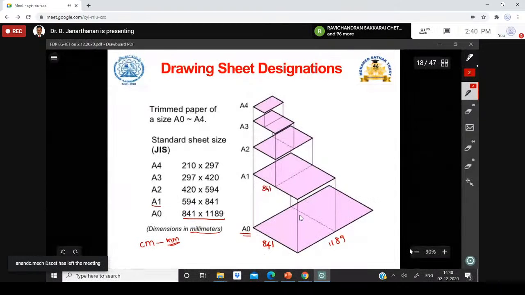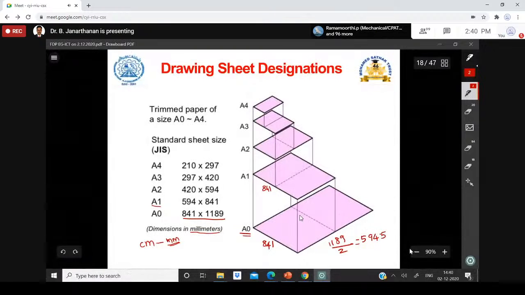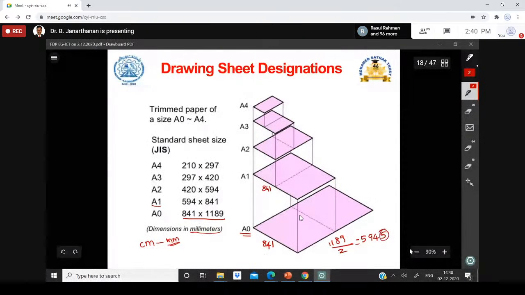If you divide 1189 by 2, it will be 594.5. You ignore this decimal fraction and write only the whole number, so it will be 594.